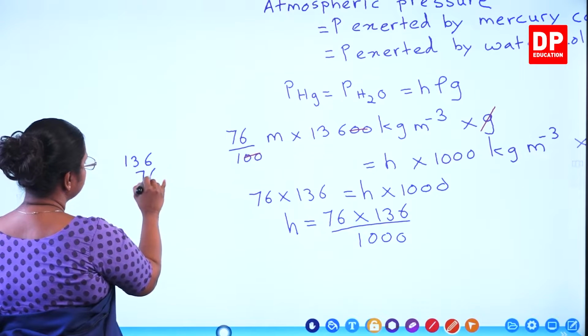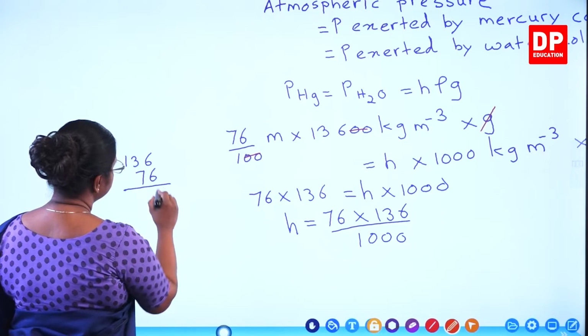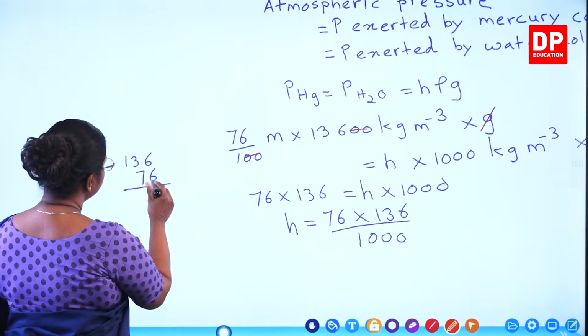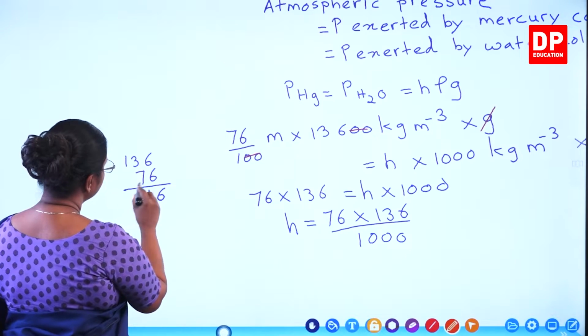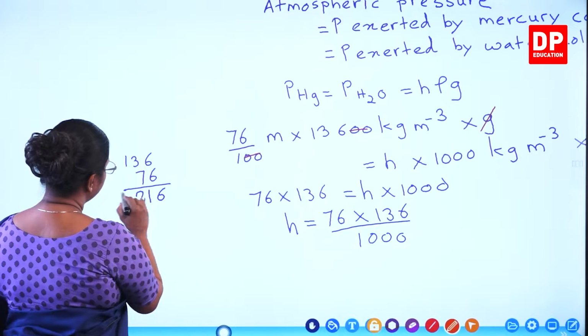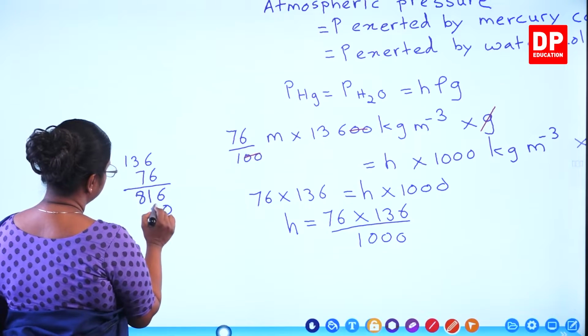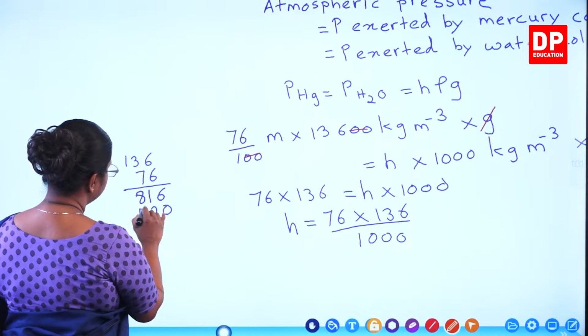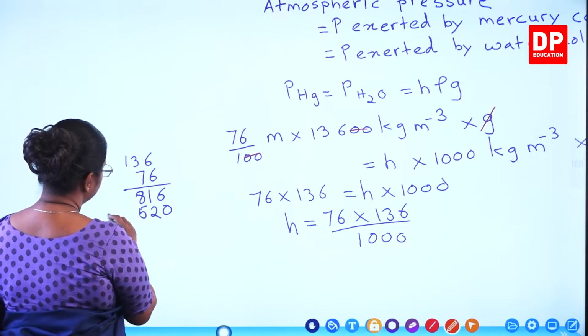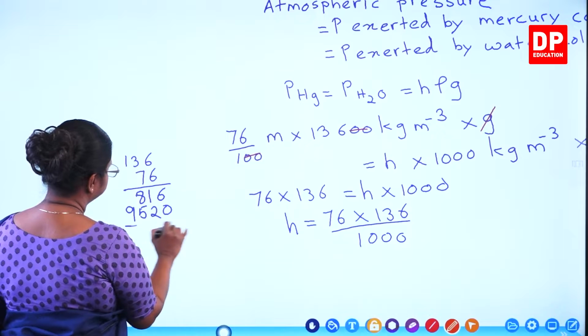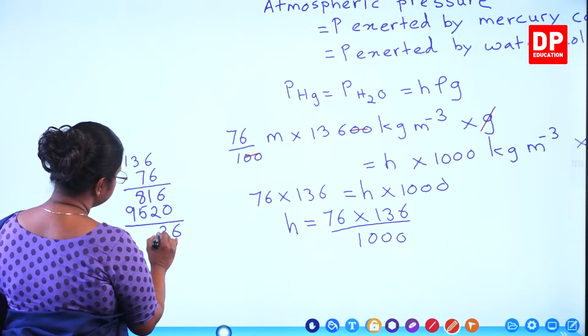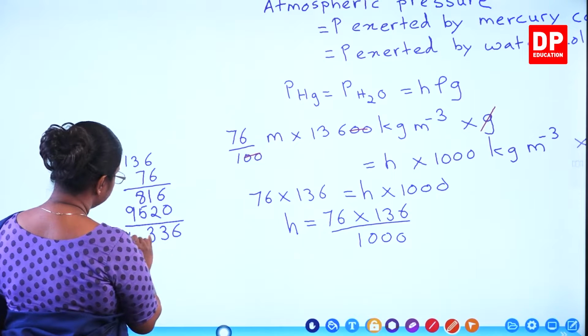136 into 76. 6 into 6, 36, 3, 18, 21, 2, 6 and 2, 8, 40, 2, 21, 25, 2 plus 7, 9. So 6, 3, 3, 10.